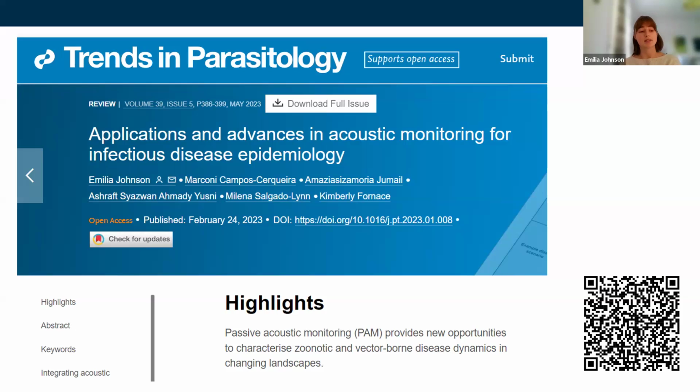And there are shortcomings in classical methods for answering some of these core ecological, epidemiological questions in tropical contexts and at scale. So this paper aimed to highlight the opportunity and utility of acoustic sensing technology in answering some of these questions related to zoonotic disease risk and human epidemiology.